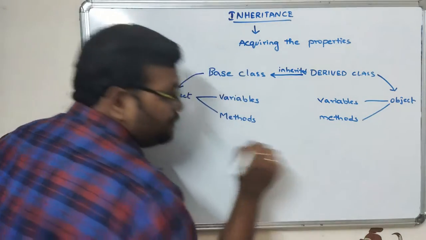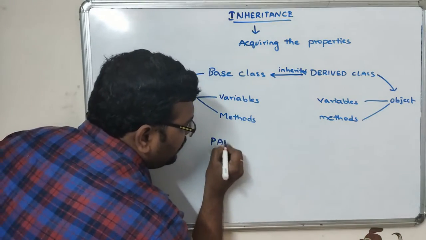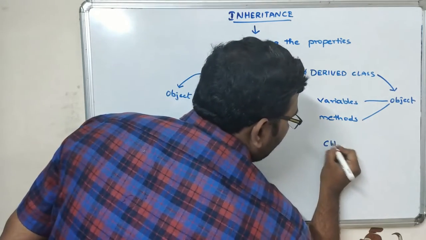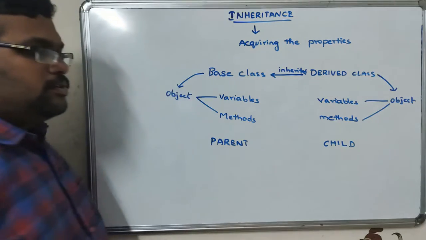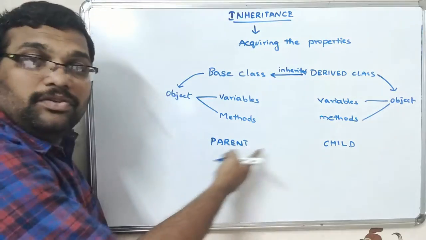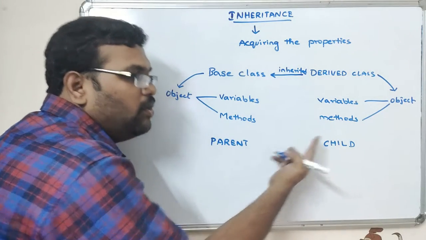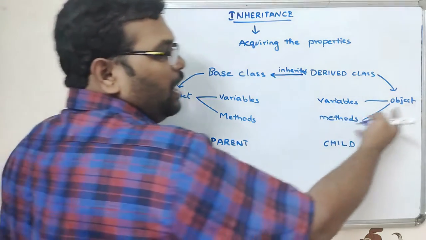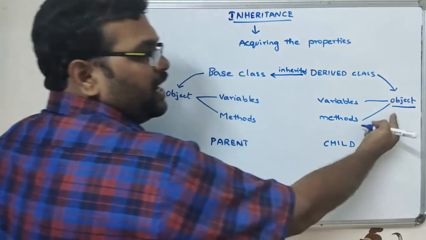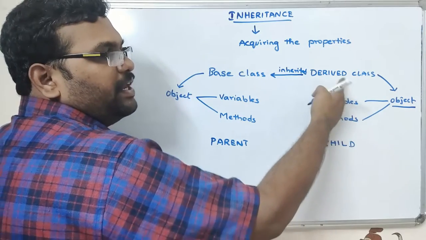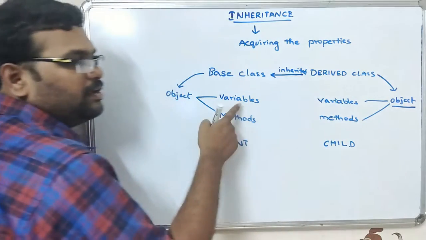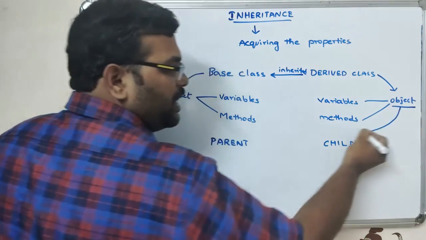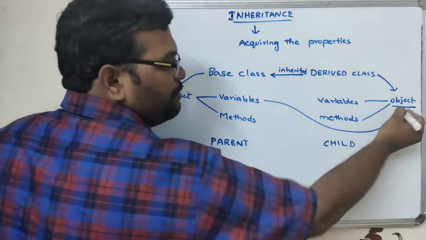A simple example: this is called a parent class, this is called a child class. The child is from the parent, so the child can acquire the properties of a parent. With the help of this object we can access the variables and methods of a derived class as well as the variables and methods of a base class.